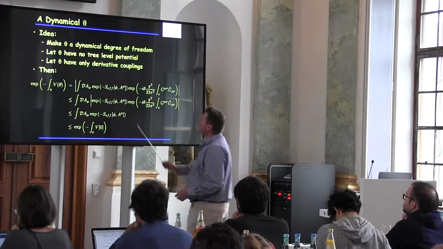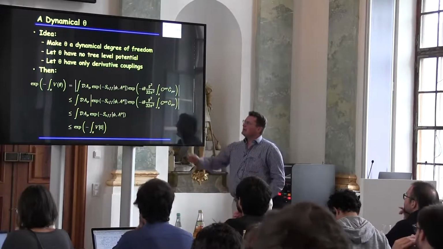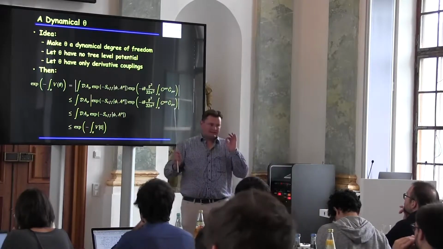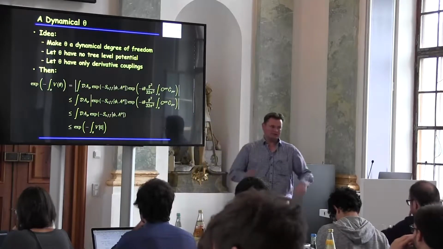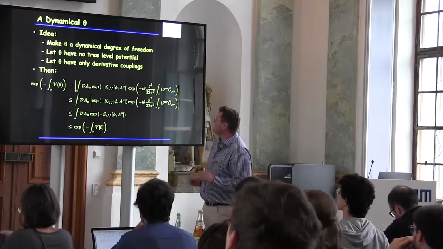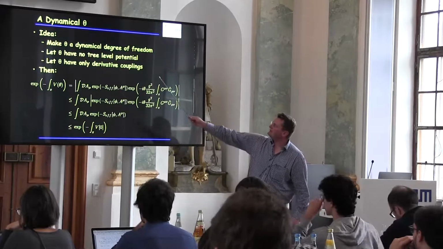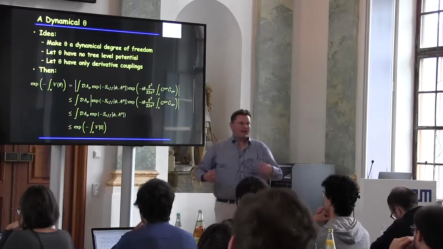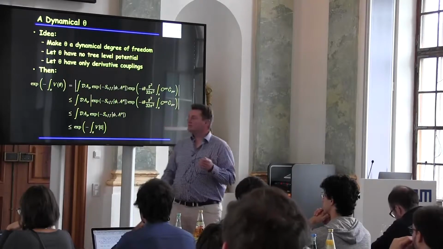So we have our ingredients, we made it a dynamical degree of freedom. We insist that theta does not have a tree-level potential. So classically, all values of theta are equal and have equal energy. And that, of course, implies that theta actually couples to other fields only via derivative terms.